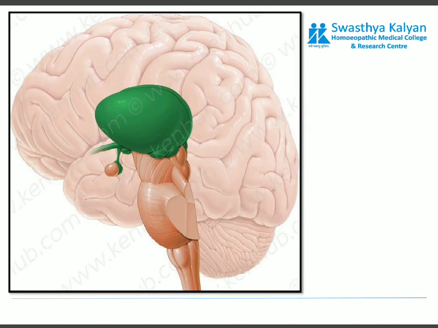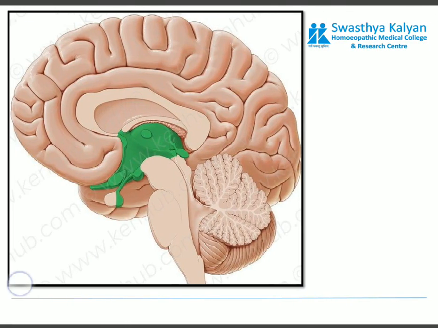In this figure, the green structure is the diencephalon, presented here in this way just for the sake of explanation. Otherwise, it is hidden inside the cerebrum, and we are not able to view it from surface level.